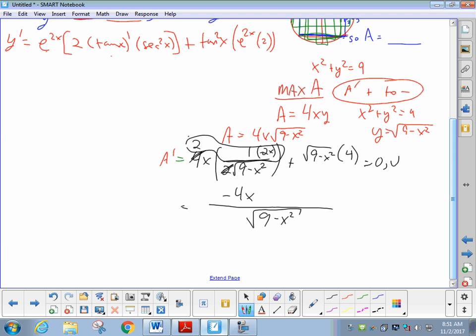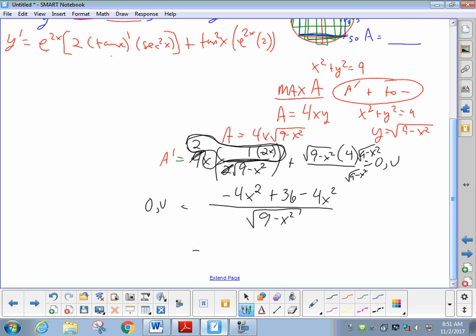Wait, oh, sorry, not 4x. I circled wrong. 4x squared, sorry. Negative 4x squared. What did you multiply this by top and bottom to get the common denominator? Root of 9 minus x squared. So this becomes 4 times 9 minus x squared, or 36 minus 4x squared. Do you see where I'm coming from?